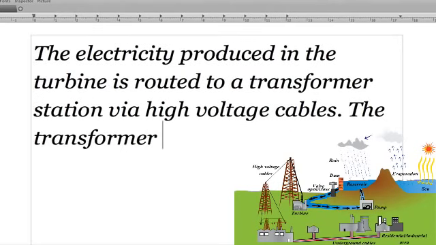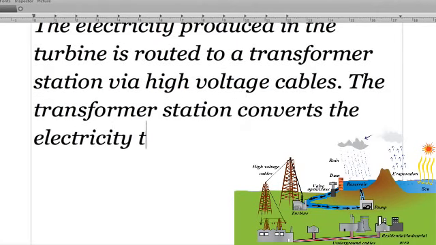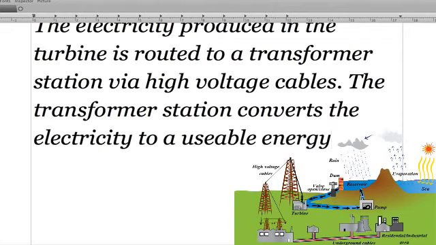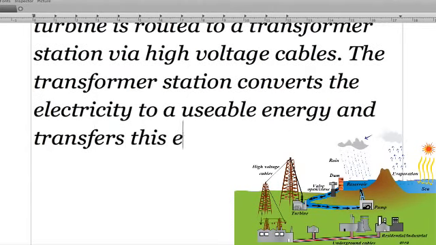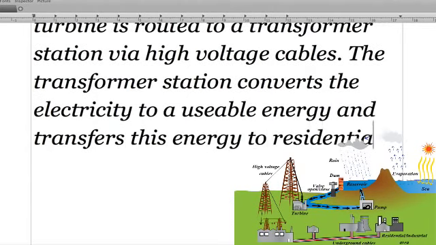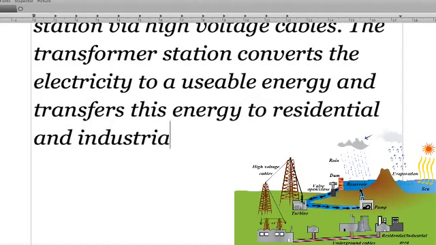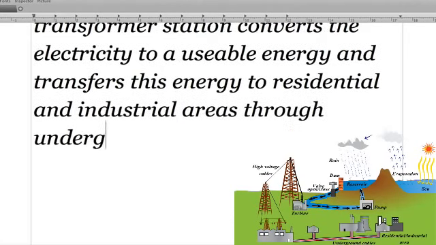The transformer station converts the electricity to a usable energy and transfers this energy to residential and industrial areas through underground cable.